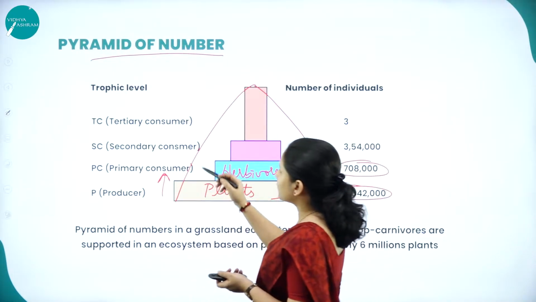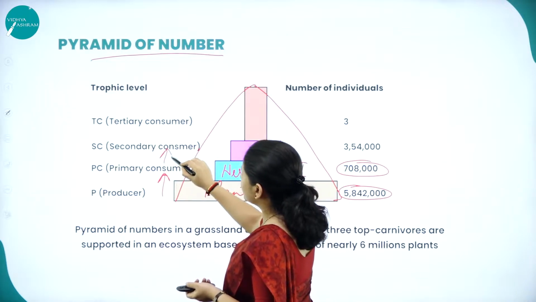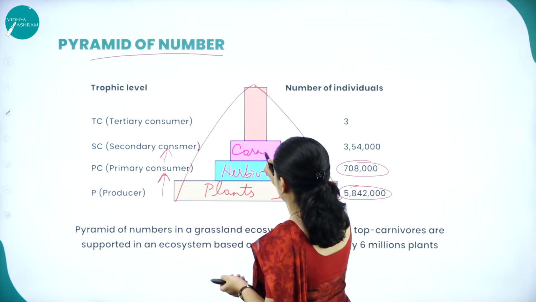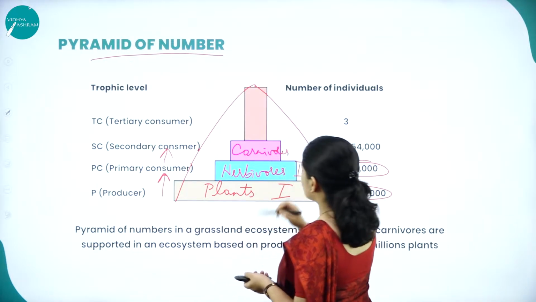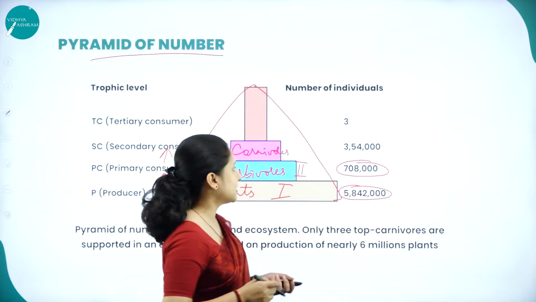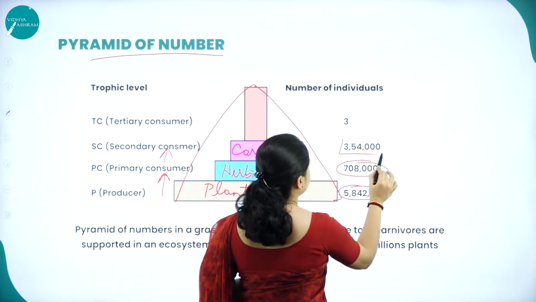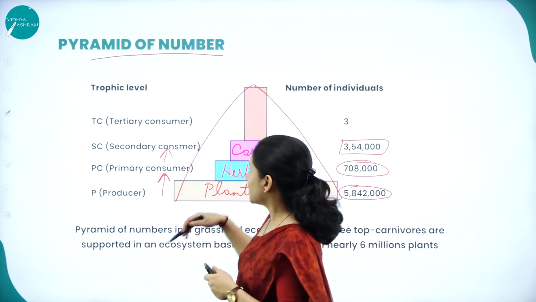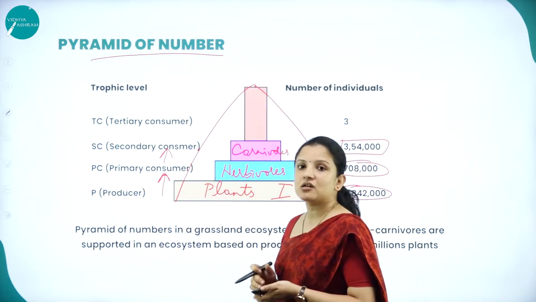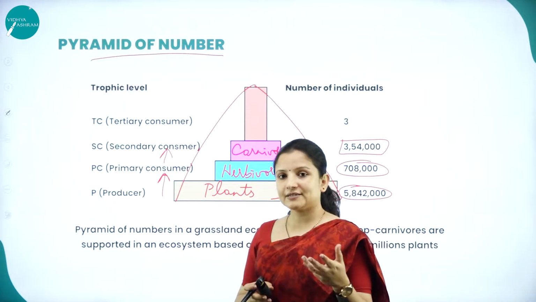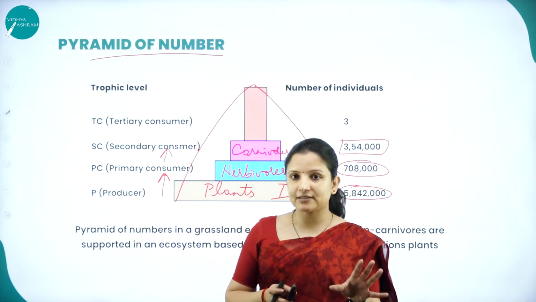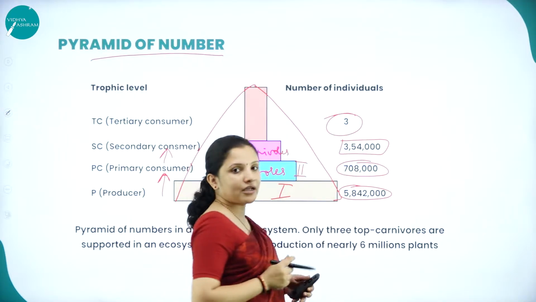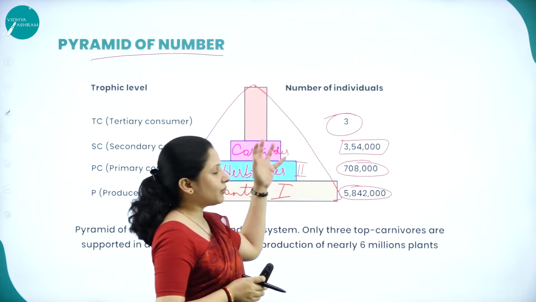Next, the primary consumers will be eaten by the secondary consumers, which are the carnivores. The number of carnivores present is just 3,54,000. So, a drastic difference. Next, moving to the higher trophic level, the tertiary consumers. For example, the vultures, one example of a tertiary consumer, are just 3 in number, very, very less, right? So that is about the number of individuals.